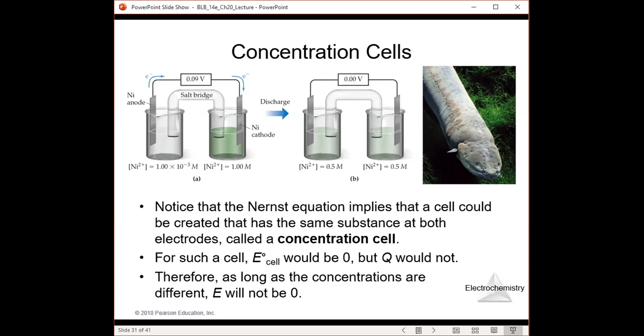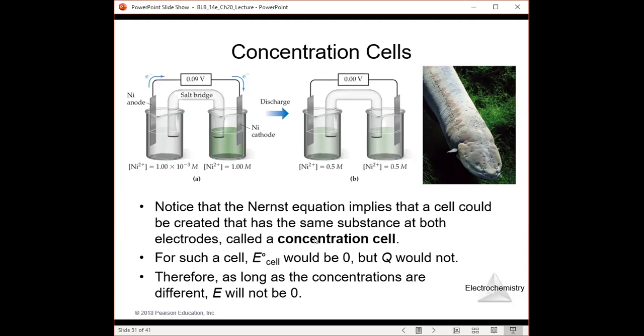So what they showing here is you have a nickel anode and a nickel cathode, and then they have a solution in there. And so what happens is you got your nickel in your solution that is 1 times 10 to the negative third, and then you got 1 molar. And then what happens is when you discharge it, basically the molarities are balanced out.